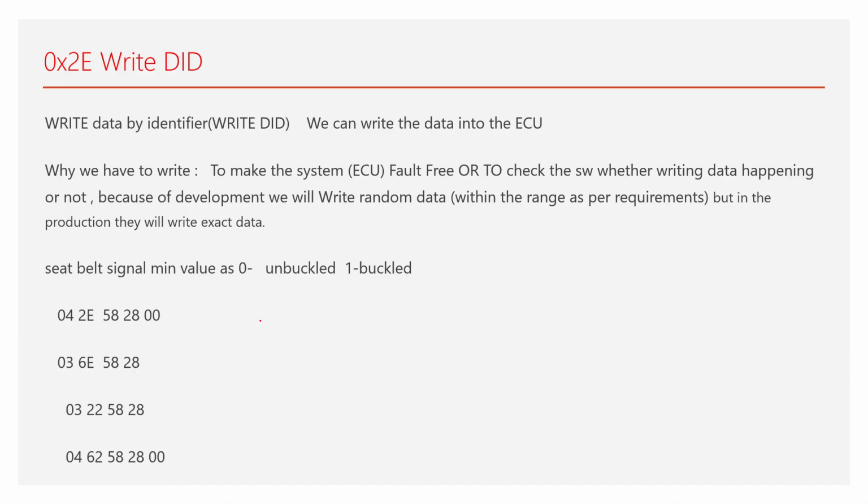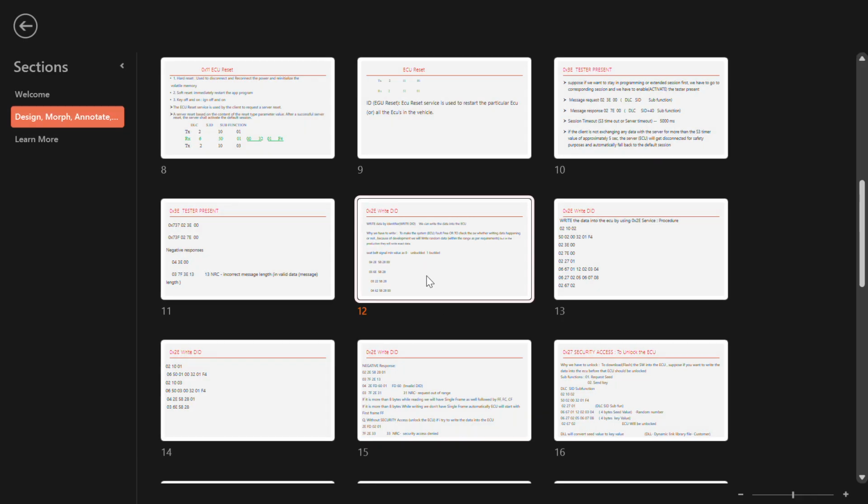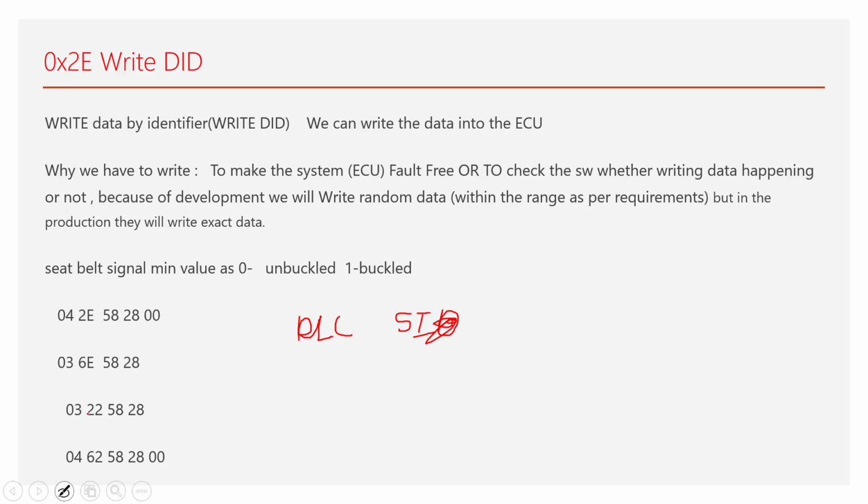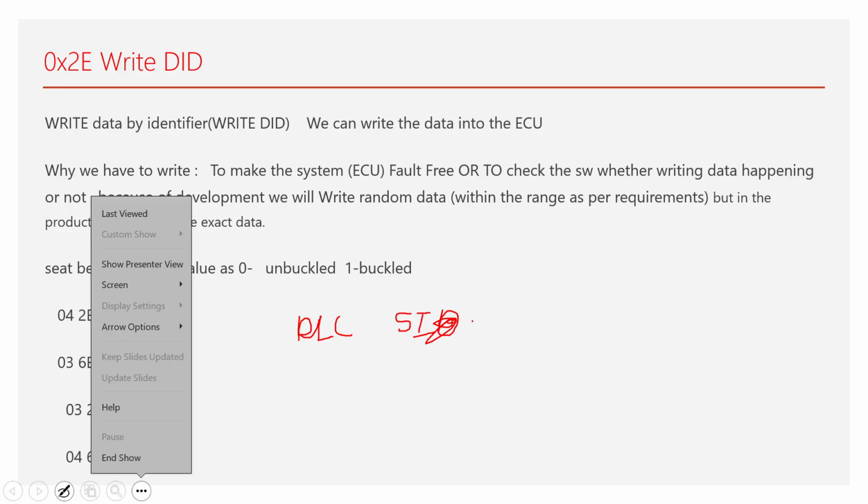What are the fields? The first one is DLC, and the second one is the service ID. This is common for every format: DLC and service ID are common.